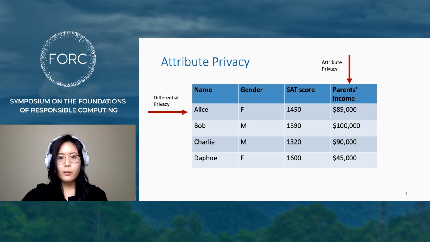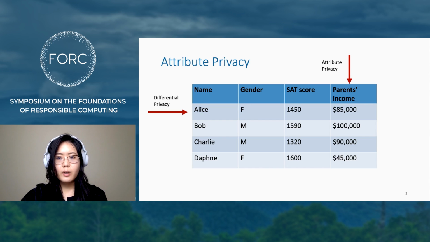In this work, we instead consider privacy of attributes or columns of a database. We take the view of a database owner who wishes to publish aggregate statistics about her database and must also protect privacy of the aggregate information in certain sensitive columns.